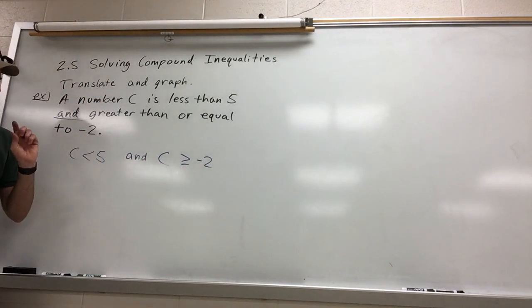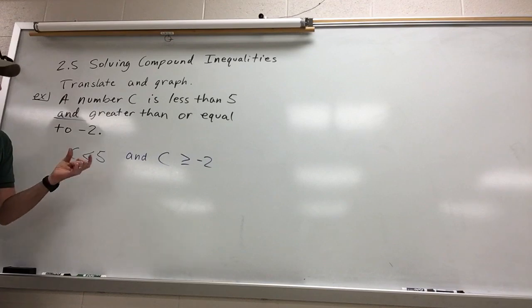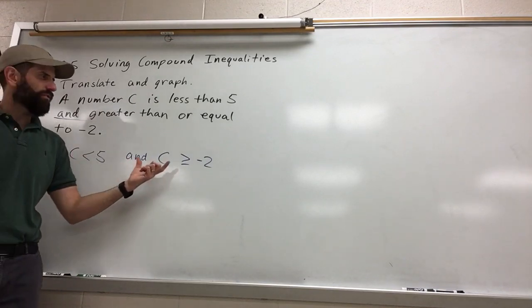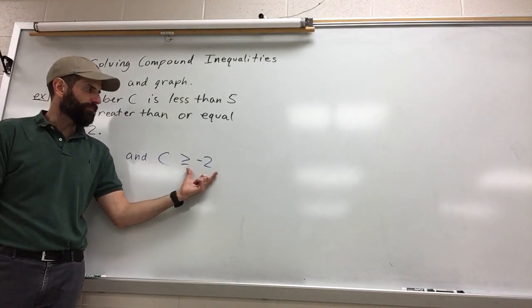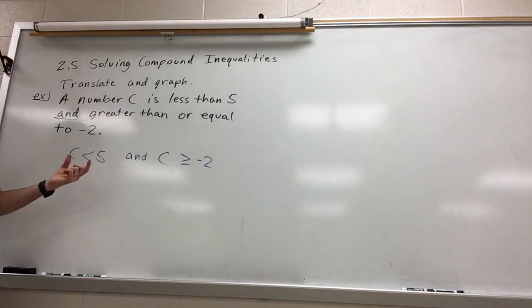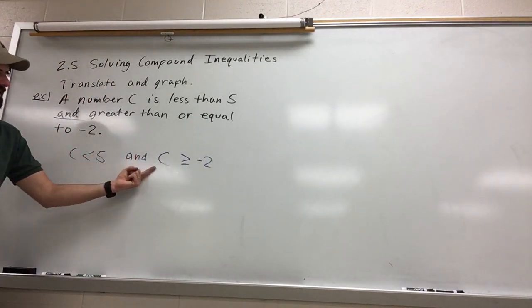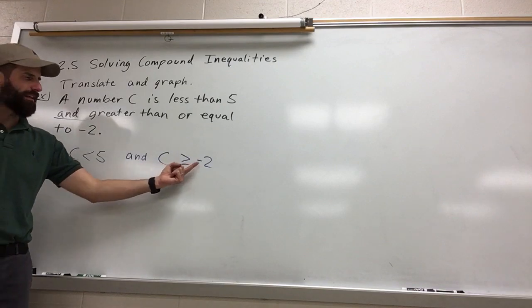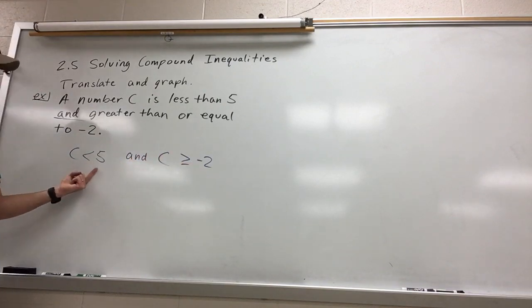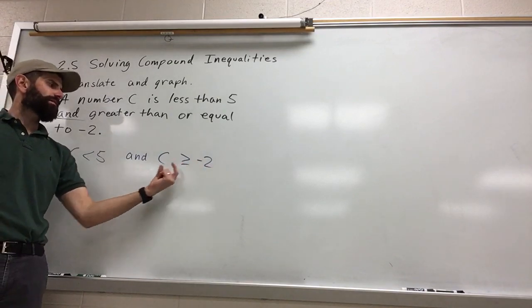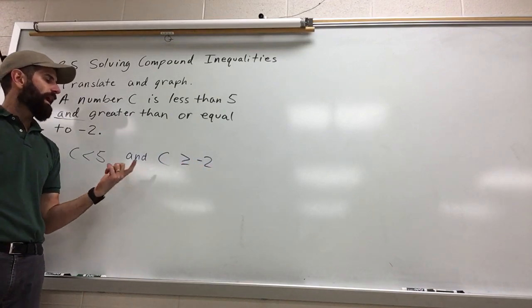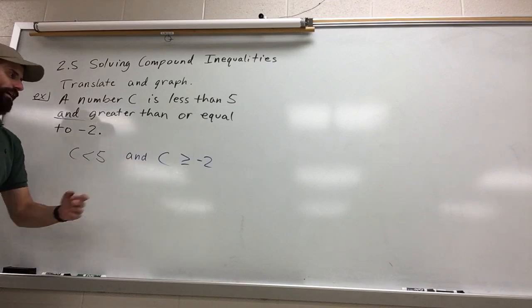Now, if you think about this on a number line, if you're less than 5, greater than or equal to -2, what that means is that basically C is between -2 and 5, right? It's greater than -2, less than 5. So C is in between them. And you're actually going to write it that way.